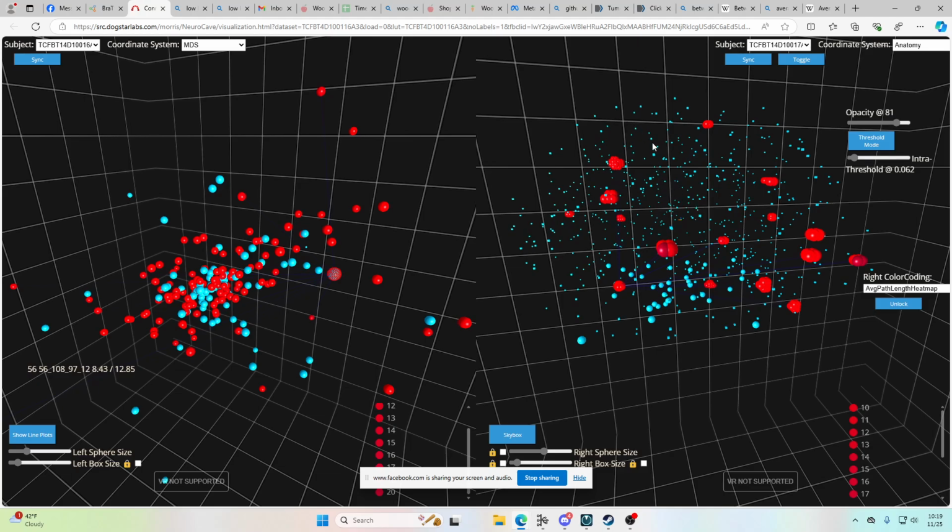So I'll be able to compare the neuronal brain wiring in a tumor patient and how that wiring rearranges.